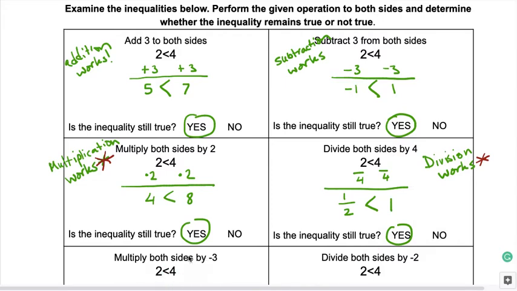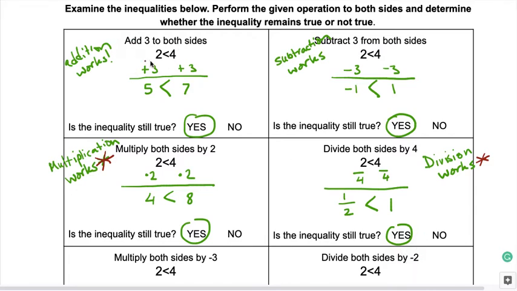We see down here, multiply both sides by negative 3, multiply both sides by negative 2. Okay, we saw before how negatives can get a little bit tricky when we're multiplying and dividing by negatives, right? Because they change signs on things. So we do have to examine negatives here.